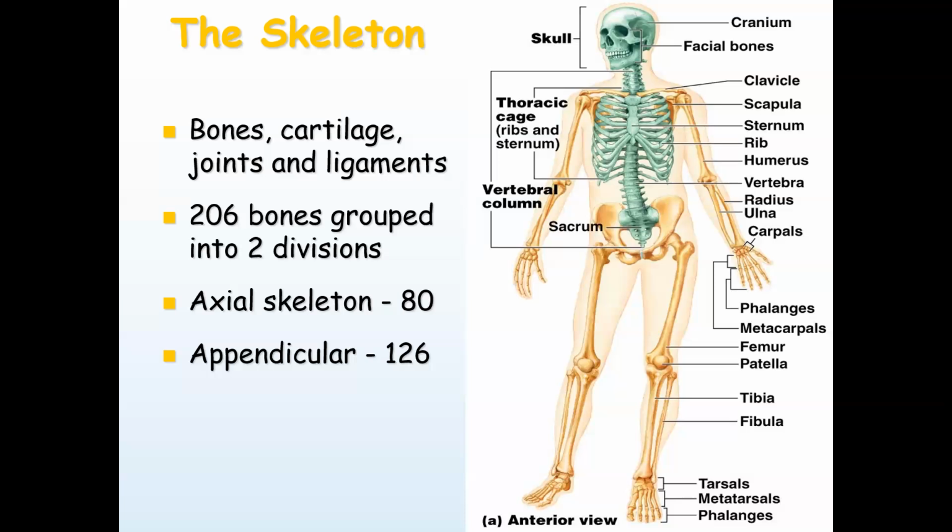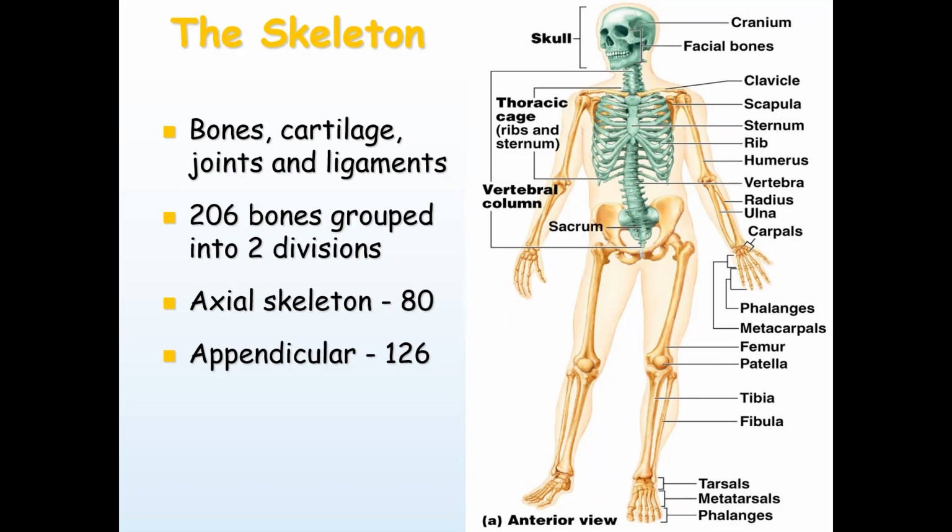So when you look at this diagram here, the axial skeleton is what color is this? Is this aquamarine, blue-green? Anybody know what color that is? I'm going to assume it's blue-green.